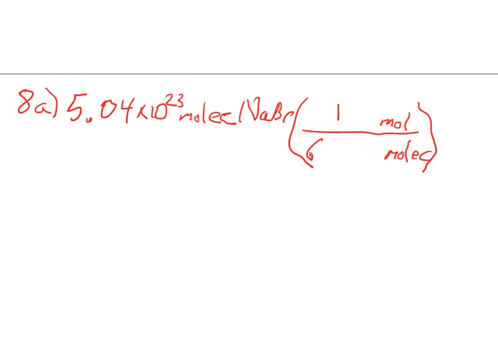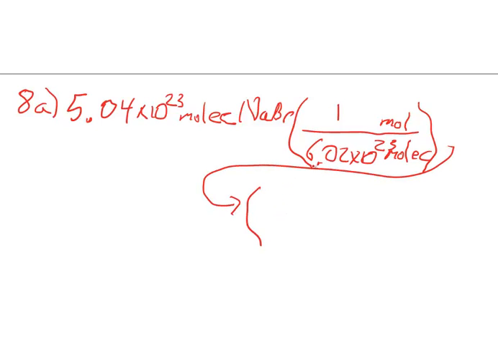1 mole is 6.02 times 10 to the 23rd molecules per mole. And then my second conversion factor is that there are, for NaBr, I need the molar mass, so I have Na and Br. Na is 22.99.